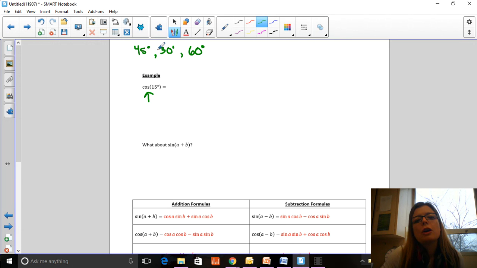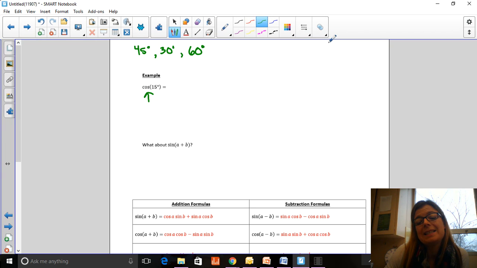So we know the exact sine, cos, and tan values when 45, 30, or 60 degrees are asked for, or when the related acute angle is 45, 30, or 60 degrees. So that already gives us 12 angles that we know exactly. We also know the ones right on the axes, so pi over 2, pi, 3 pi over 2, and 2 pi, and then any revolutions of those. So that's another 4.